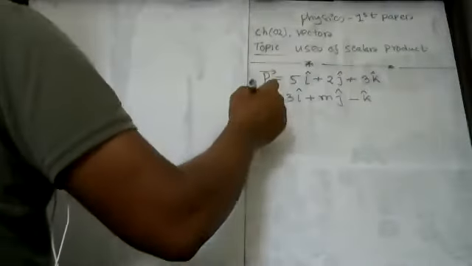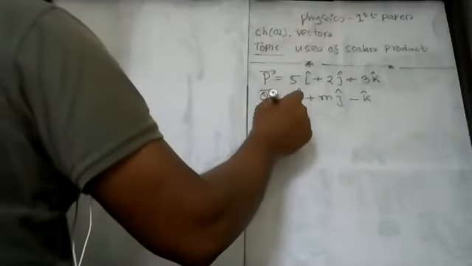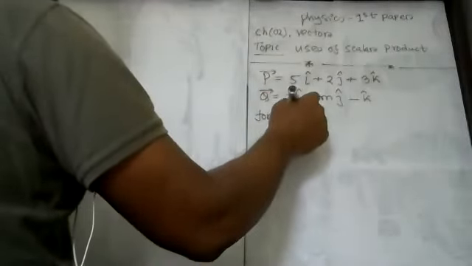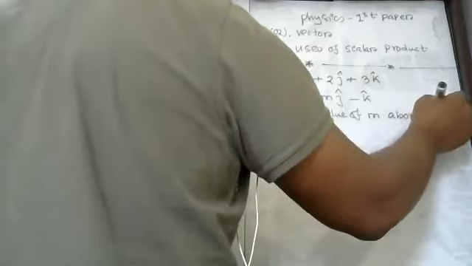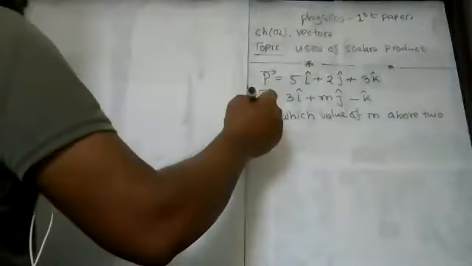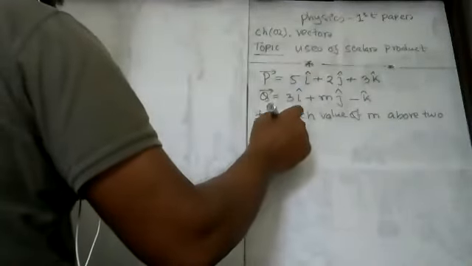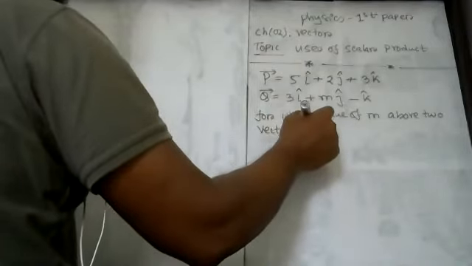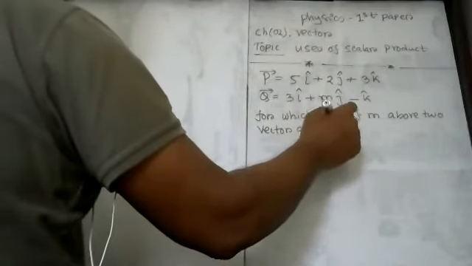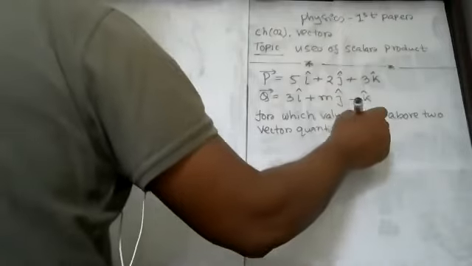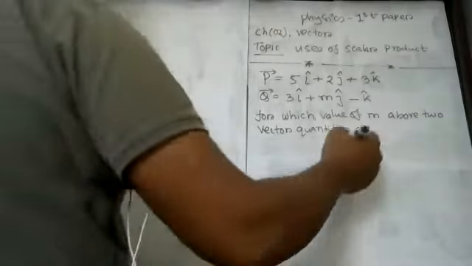The question is here, for which value of m the above two vector quantities are perpendicular with each other?